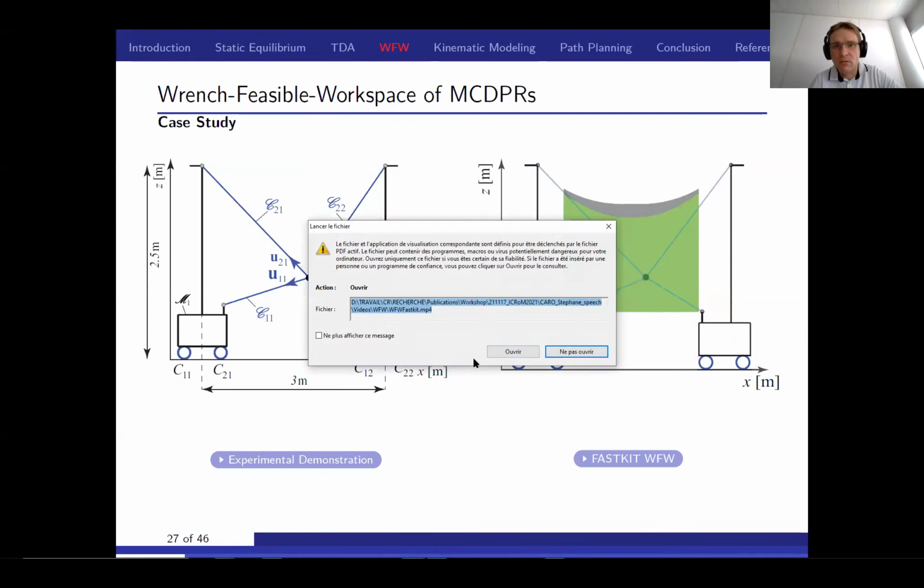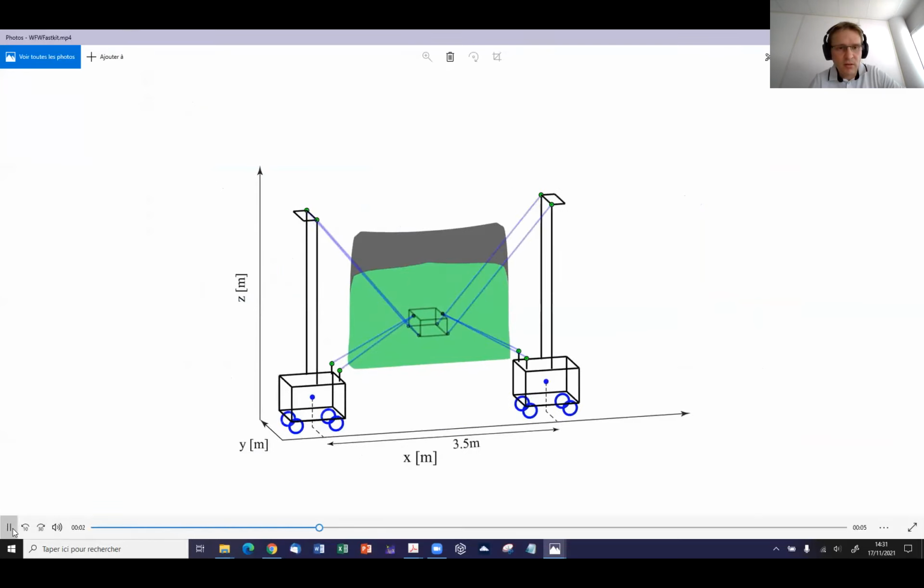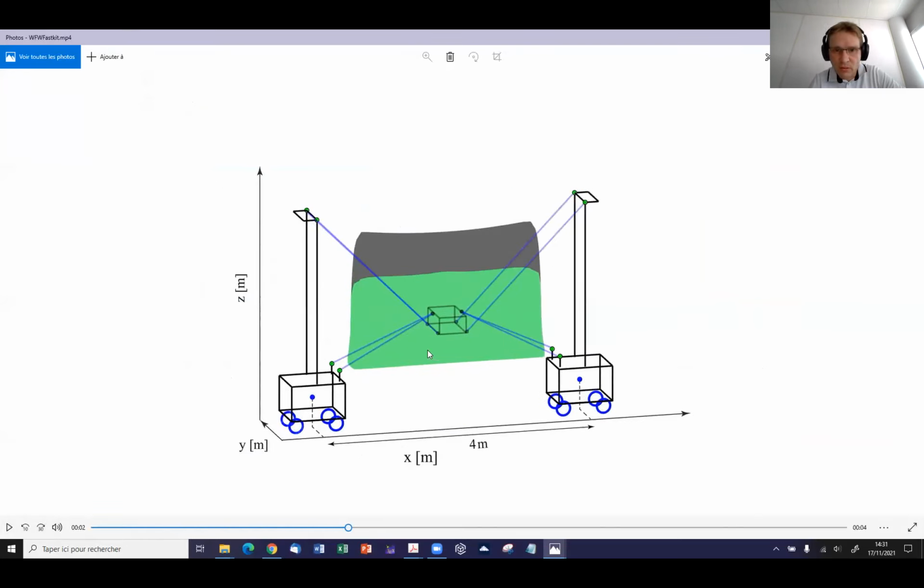And here, in this animation, the green area represents the modified and real workspace of this MCDPR.